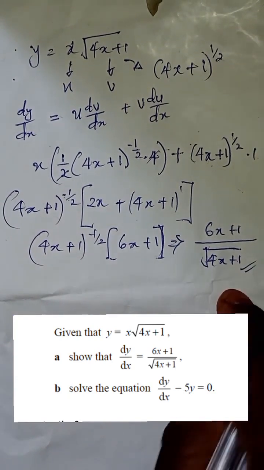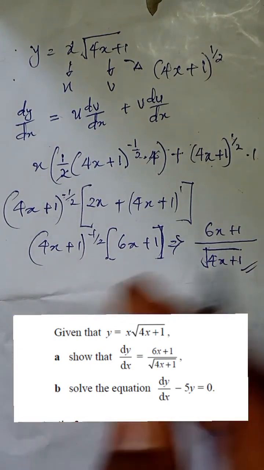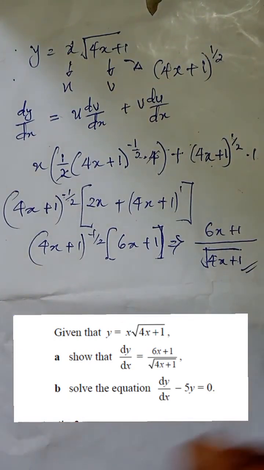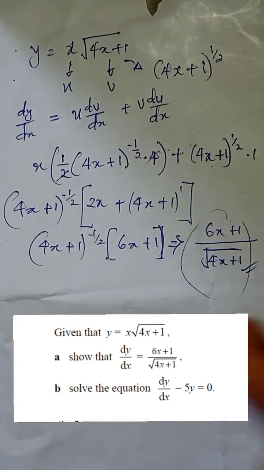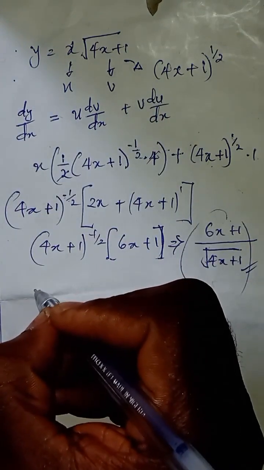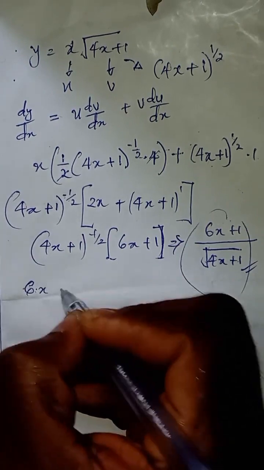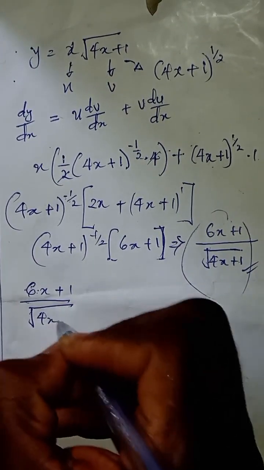We are correct here. Then the B part of the question says we should solve dy/dx minus 5y is equal to 0. Now what that simply means is this is already our dy/dx. We've gotten it. Now what is 5y? Since our y was given in the question initially, I will just write my dy/dx, which is (6x plus 1) over the square root of 4x plus 1, minus 5y.